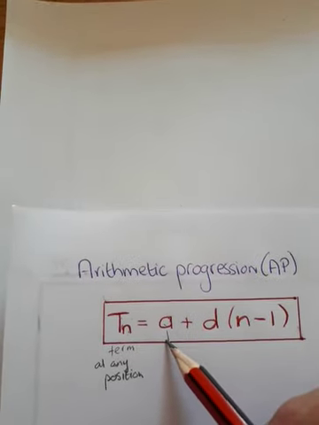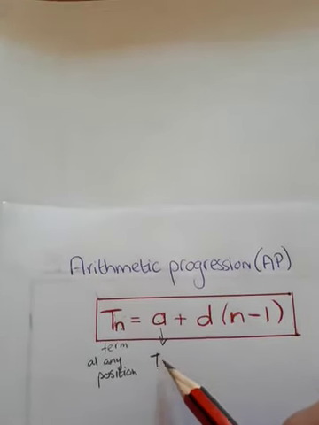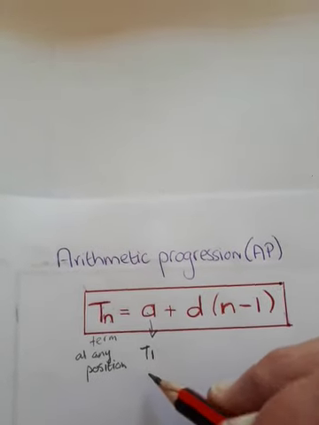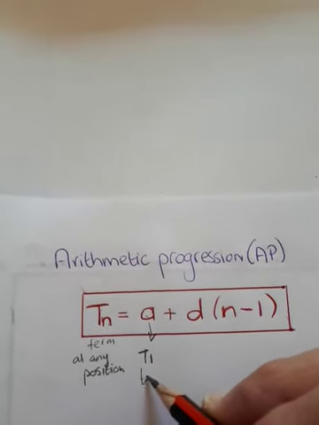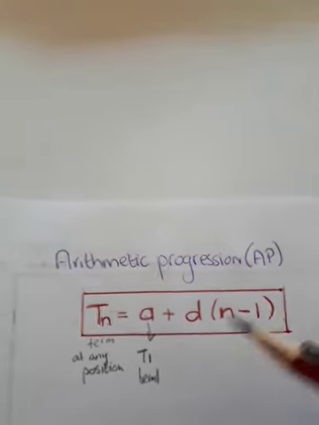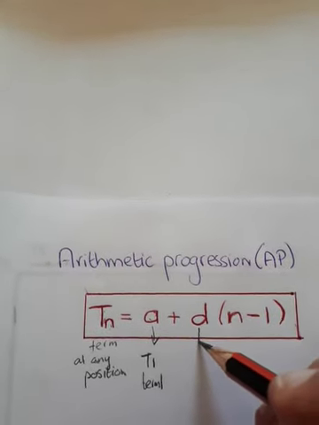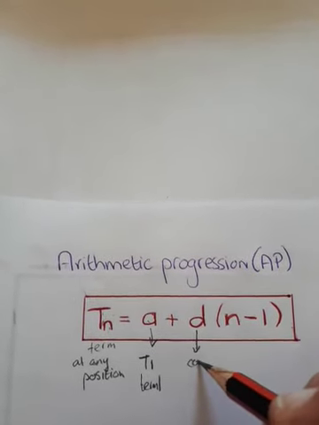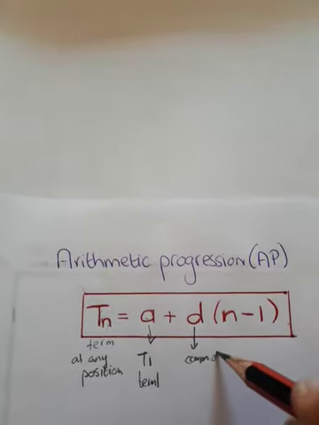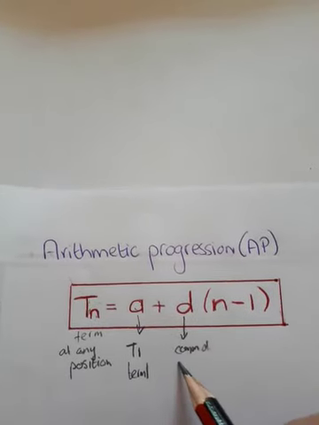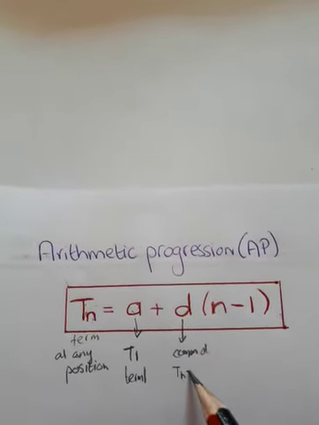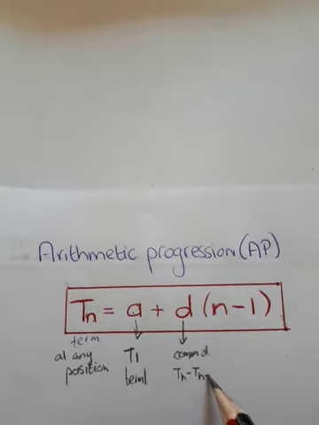Then A always stands for T1. So that's the value for term 1. D we already learned was the common difference, which we calculate by Tn minus Tn-1.